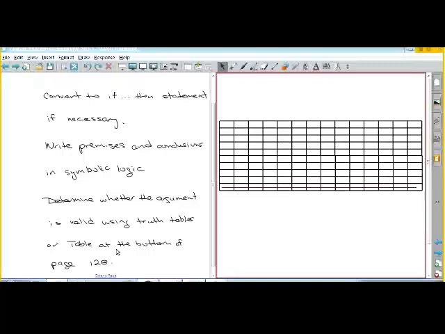So if it's one of the standard arguments, you can just use that table and say it's a standard valid argument. I'm done. Or if it's not one of the standard arguments, then you can do a truth table and see what you get. And if you get all trues at the end, then you say it's a tautology, therefore the argument is valid. There's my table. I knew I had it somewhere.